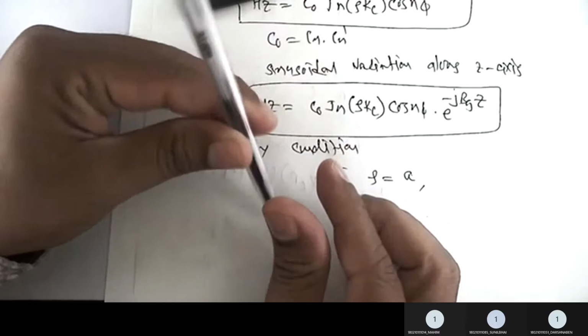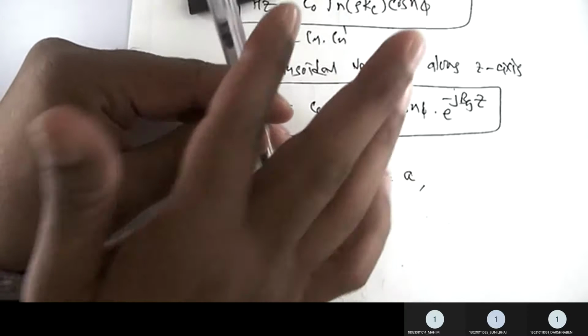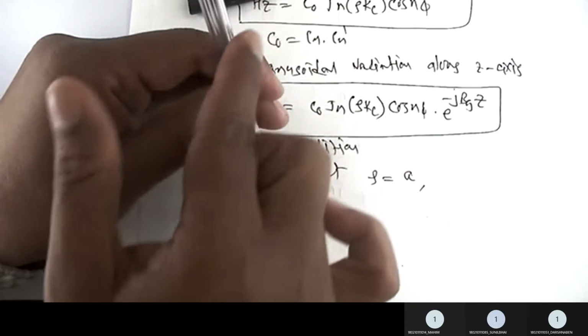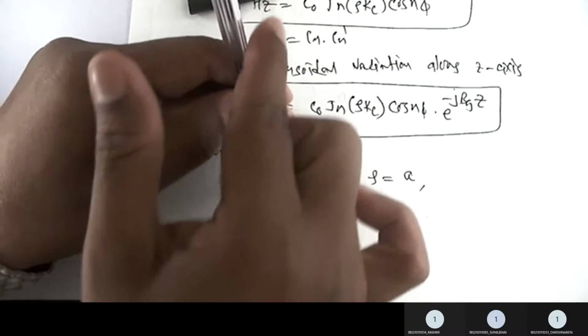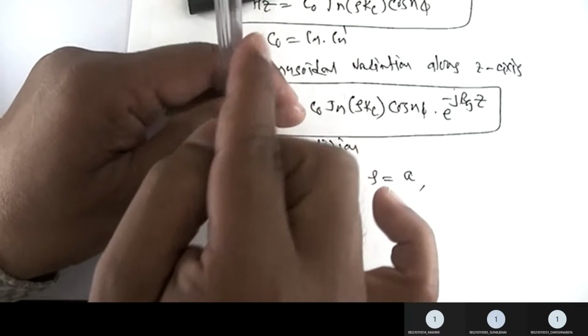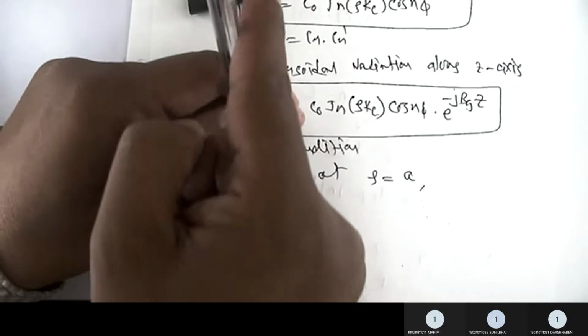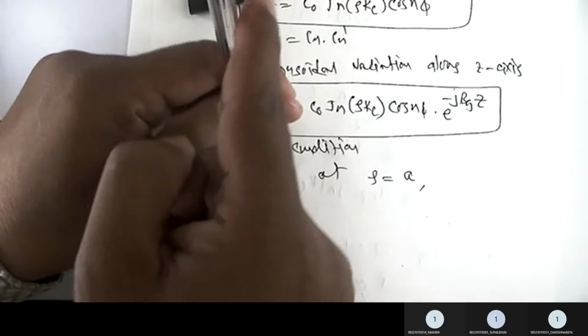You consider that this pen is your circular waveguide. Then here what will happen is the tangential part, this E_φ component at the outer surface, so ρ equal to a, will always be equal to 0 for all values of φ from 0 to 2π.